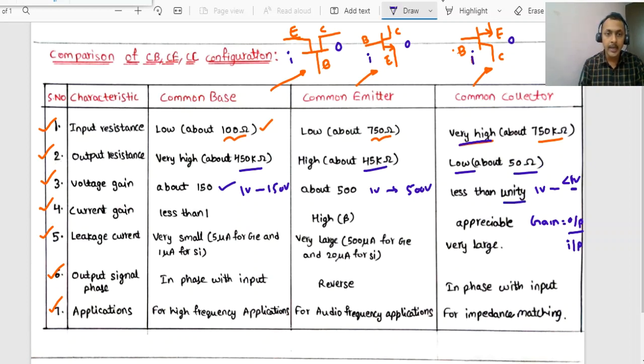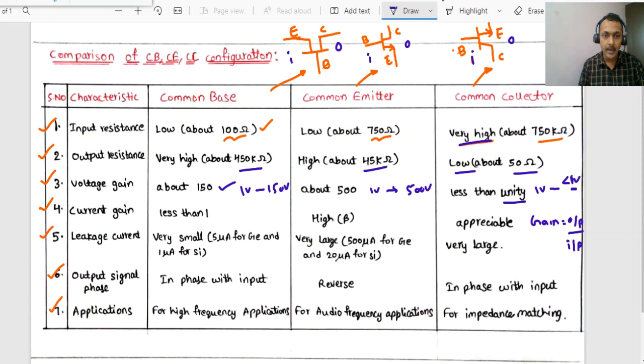So the voltage gain is about 150 in common base, about 500 in common emitter, and less than unity in common collector. Here it is the voltage gain, so output voltage by input voltage.